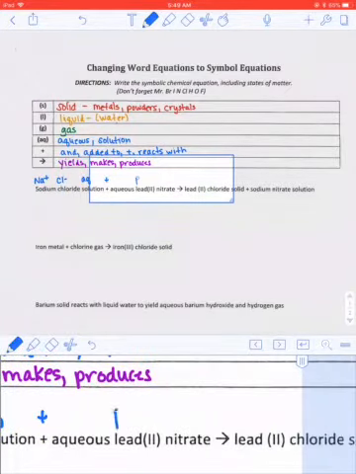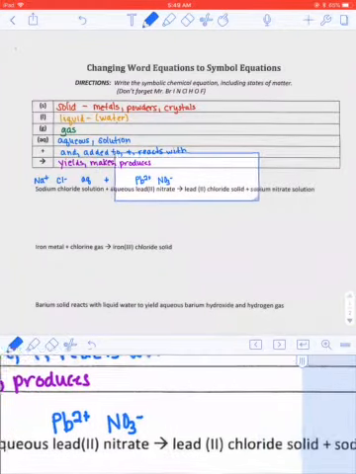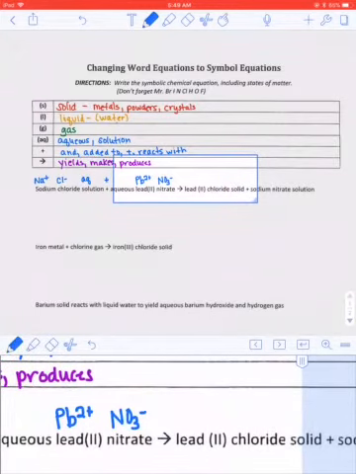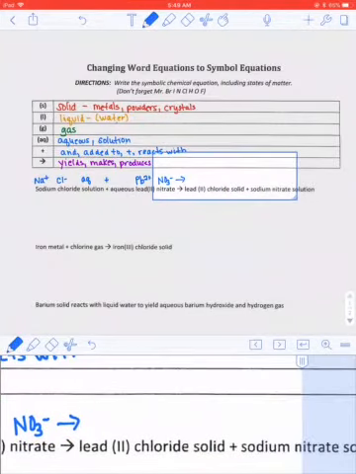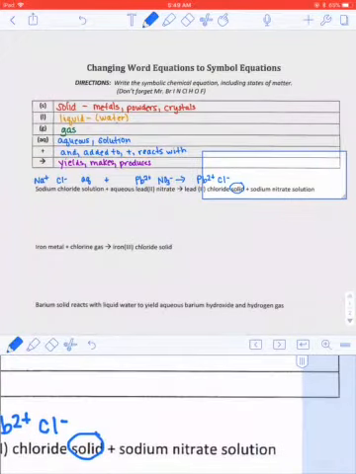You've got to look at your ion chart: Pb2 plus and nitrate, NO3 minus. Those are your reactants, and then they're going to be making lead 2 chloride. So things are going to be rearranging. This is why our packet's called reactions. It's going to make lead 2 chloride solid, and then sodium nitrate solution.